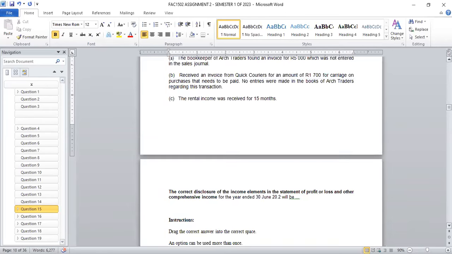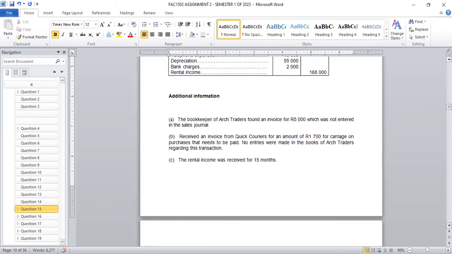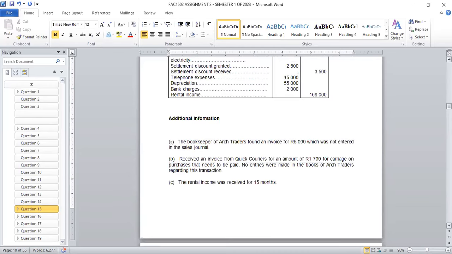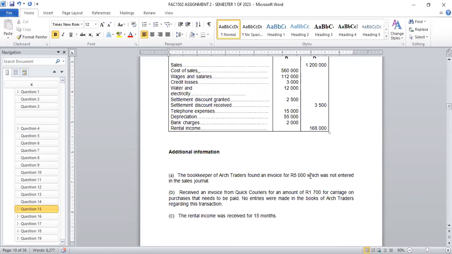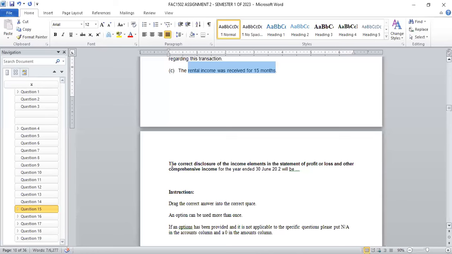When you disclose your income, there's an invoice which was not yet recorded of 5,000. Then there is also a courier for an amount of 1,700 on purchases. Then rental income was received for 15 months. So when you are recording, you would record it as follows.